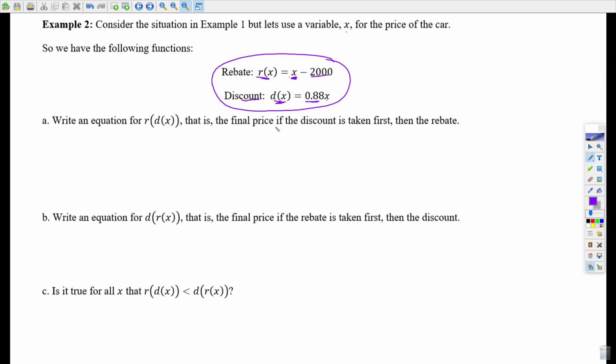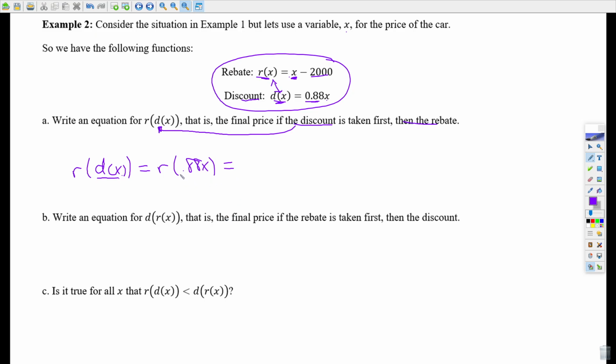So we're going to make an equation using composition of functions, using these two together, right? So we're going to write an equation for R of D of x. That is the final price if you take the discount first, because remember that's the inside part, doing discount first, and then the rebate. So we're going to do R of D of x. D of x we have defined for us as 0.88x. So this is now R of 0.88x.